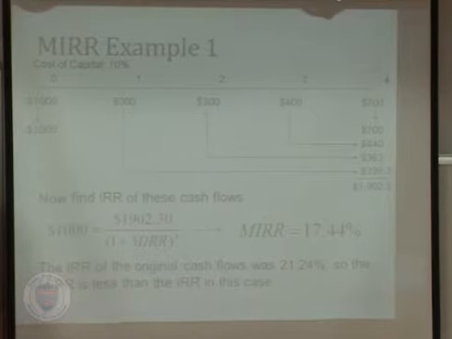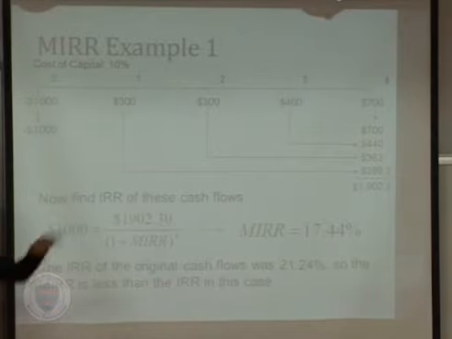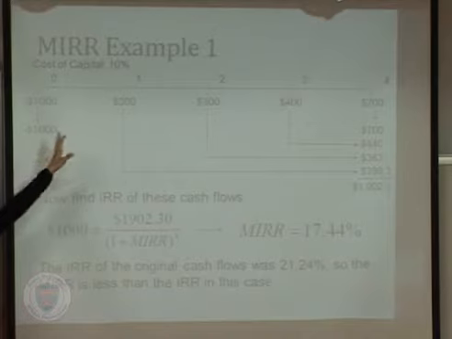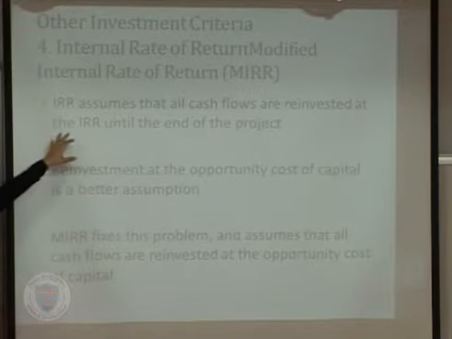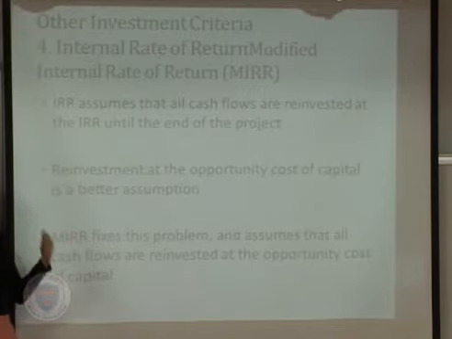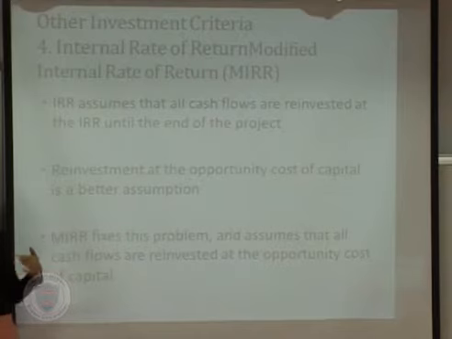Remember, the reason why I introduced you to MIRR was because of a change of signs more than one time. Here we didn't have that problem. The sign changed only once. Then why did we do it? Because IRR assumes all the cash flows from the project will be reinvested at the IRR.